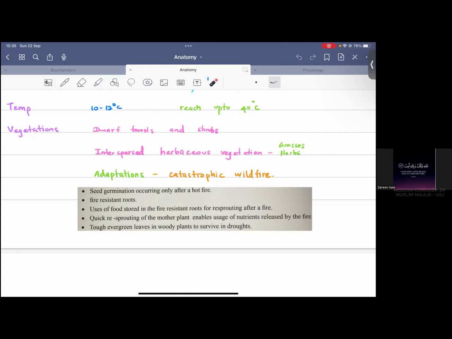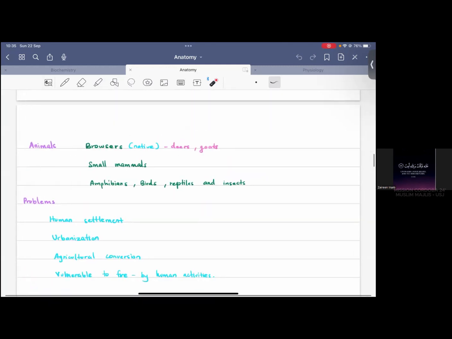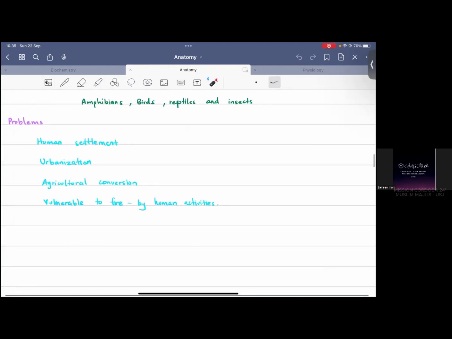Right, next, the animals. You have browsers, which are native. What are browsers? The deer, goats, those grazing animals. Then you have small mammals. Then amphibians, birds, reptiles, and insects are seen in chaparral. Problems, yes, very problematic here because it's a nice place, obviously. Human settlement is there, urbanization is there, and they are also converting the land for agriculture.